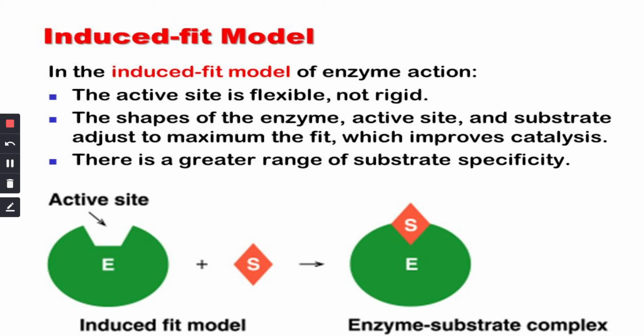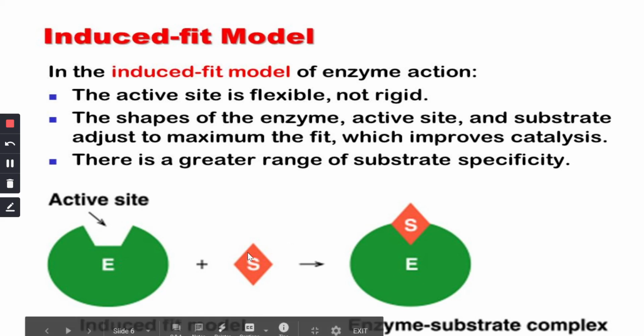Once the activation energy is lowered, remember this is not the activation energy of the substrate, this is the activation energy of the chemical reaction. So if the chemical reaction's activation energy reduces, it means substrates will be able to start the reaction even at a lower energy level. If you look over here, the active site is this shape.